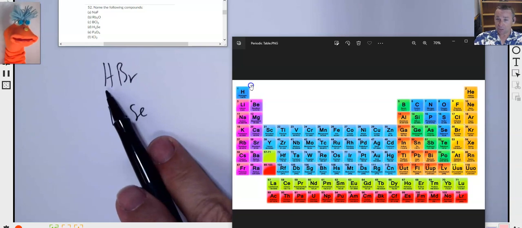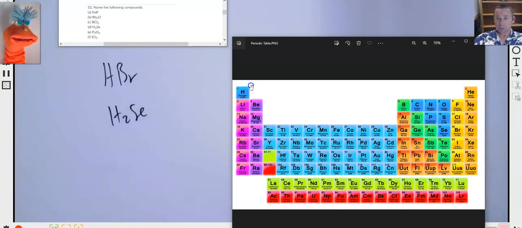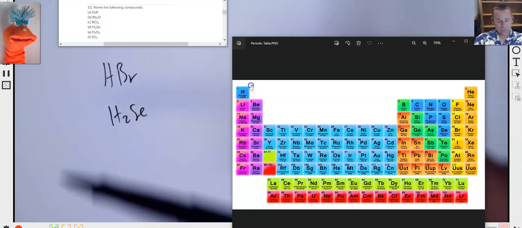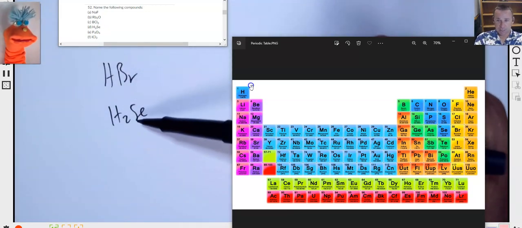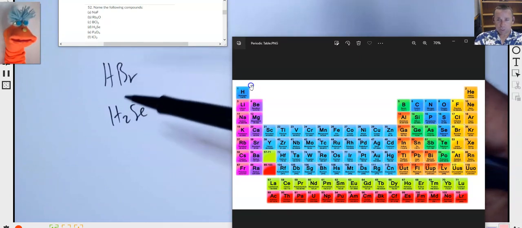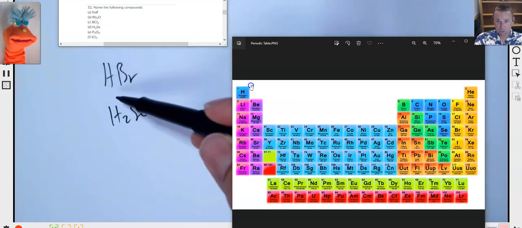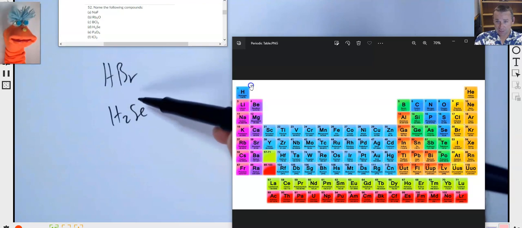Molecular compounds, covalent compounds that start with hydrogen or have hydrogens are usually considered acids. Now, they don't actually become acids until they're mixed with water. And so it's okay to call this hydrogen bromide and dihydrogen selenide as it's been displayed to you. But you want to make sure you remember that once it is placed in water, then it becomes an acid.